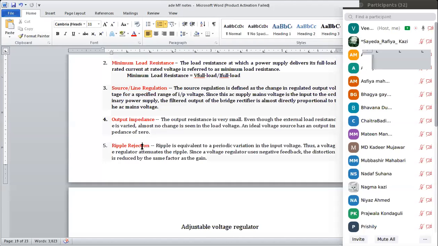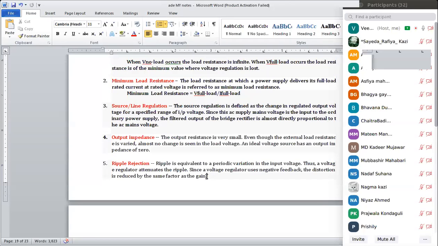Thus, the voltage regulator attenuates the ripple. Ripple is nothing but noise. Attenuate means stop. Since we are using a filter circuit as well as negative feedback, the distortion is reduced by the factor of the gain.